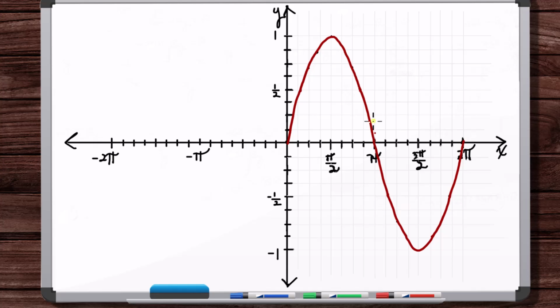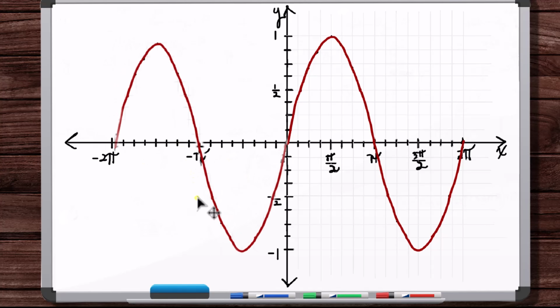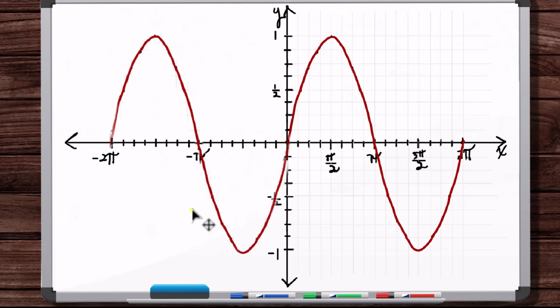You have the exact same pattern going from minus 2 pi to 0. And there we go, there's sine of x. If you want to go above 2 pi or below negative 2 pi, you just keep copying and pasting the period over and over again.